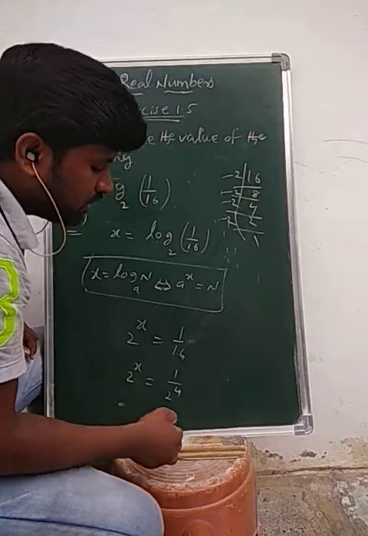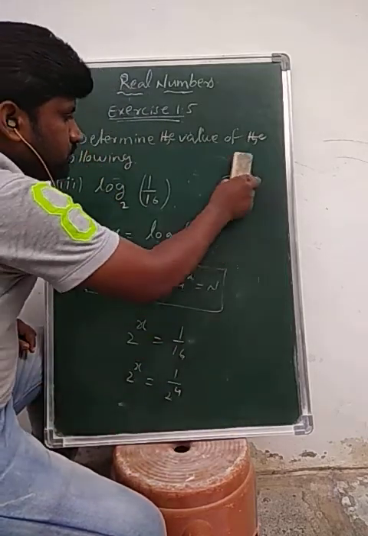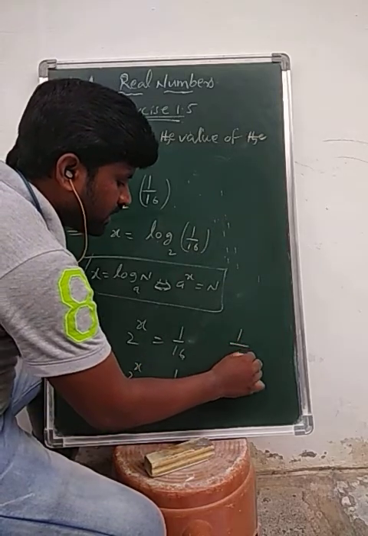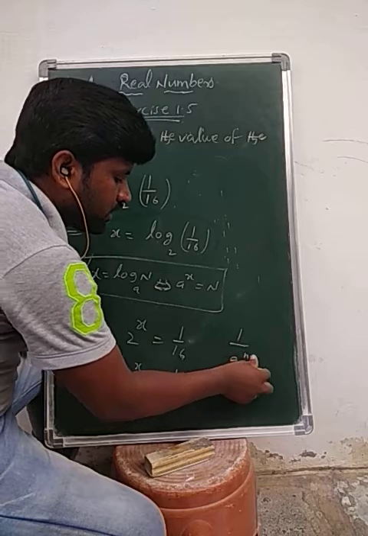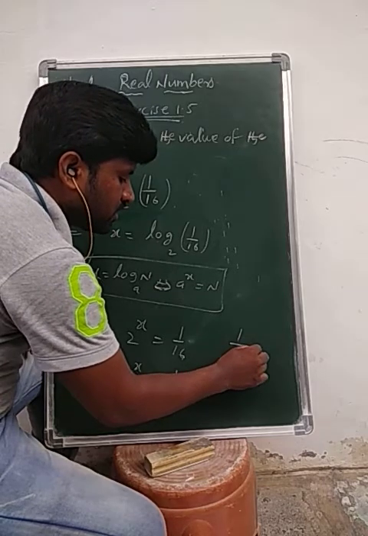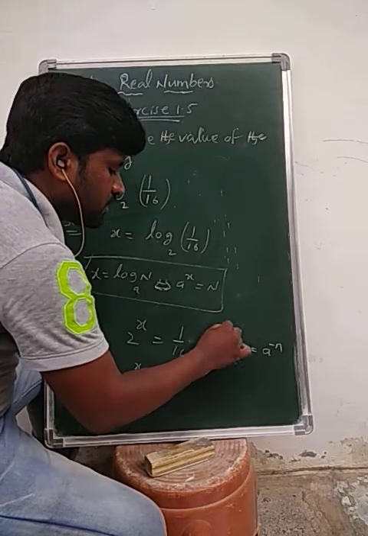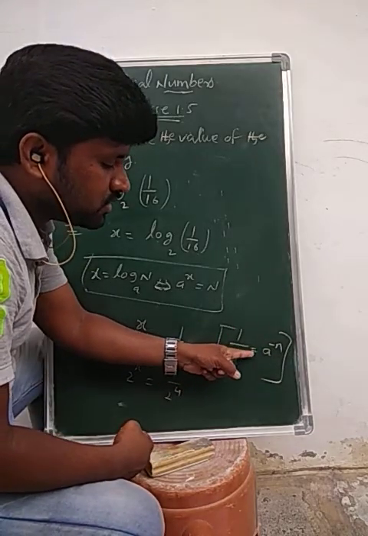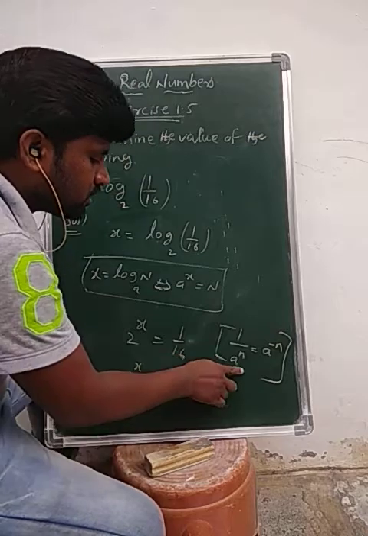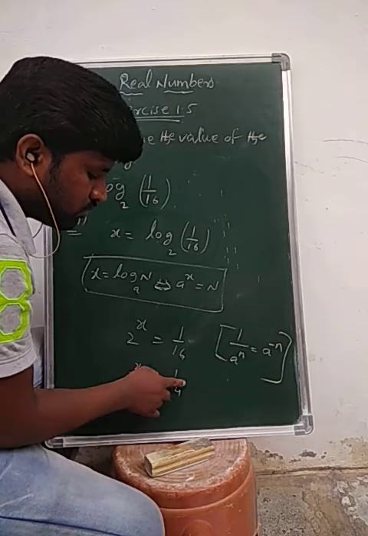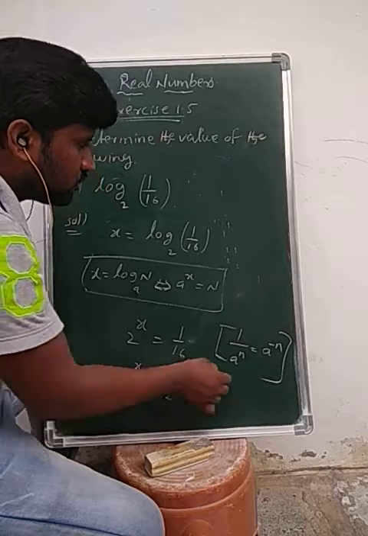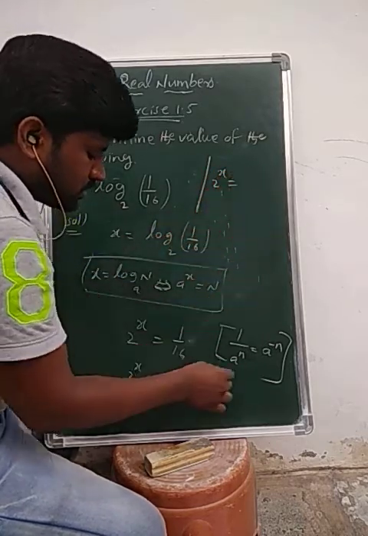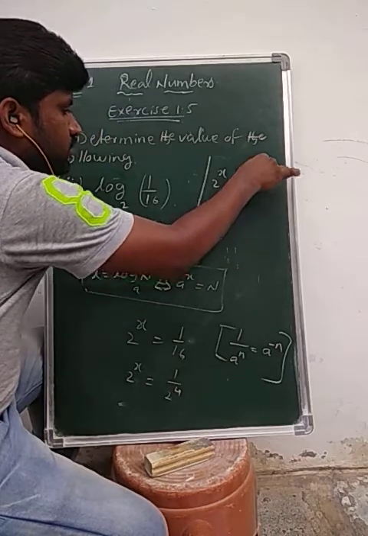Okay, now we have one formula: 1 by a power n is equal to a power minus n. By using this form, we can write 2 power x is equal to 2 power minus 4.